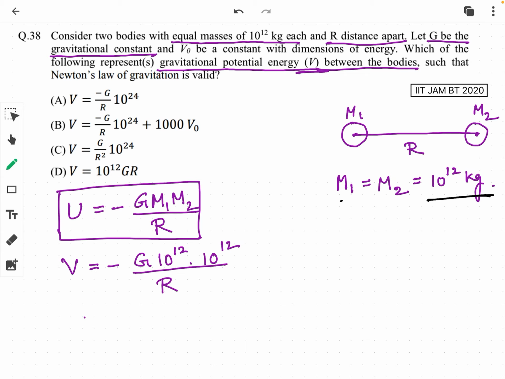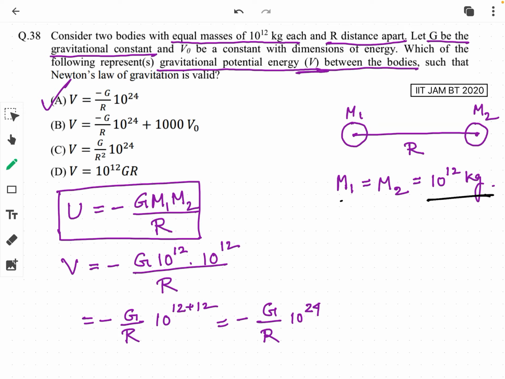That is minus G by r, and 10 to the power 12 into 10 to the power 12 means 10 to the power 12 plus 12, which is 10 to the power 24. So V is minus G by r into 10 to the power 24, that is option A.